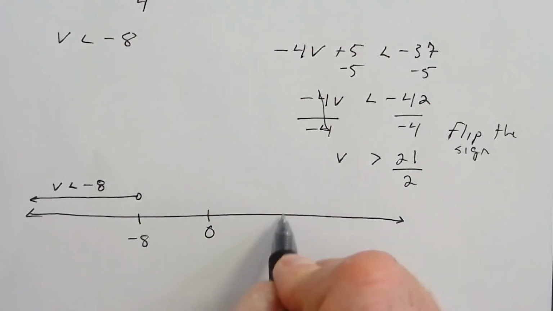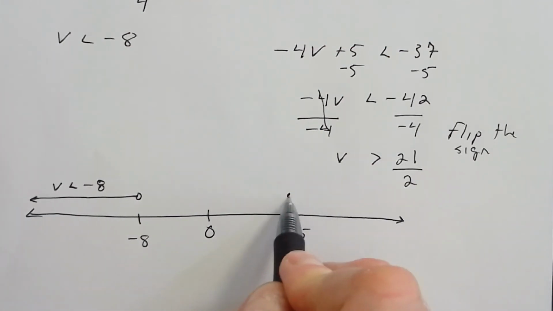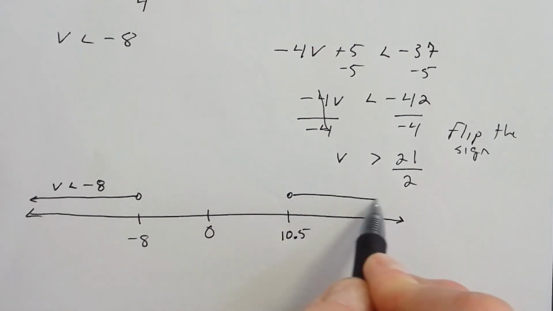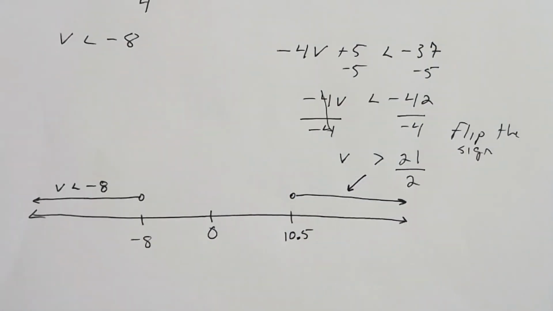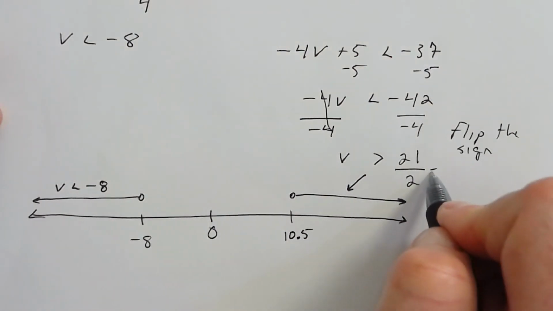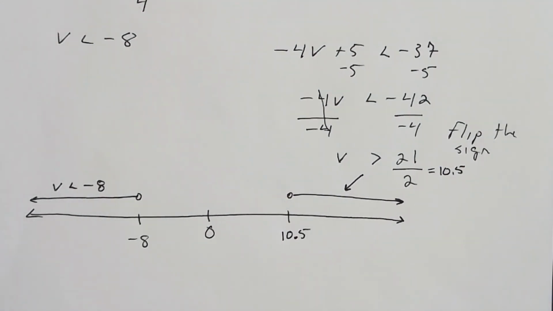So roughly 10.5. Well, it is 10.5. So v is greater than 21/2. And that would be the result.